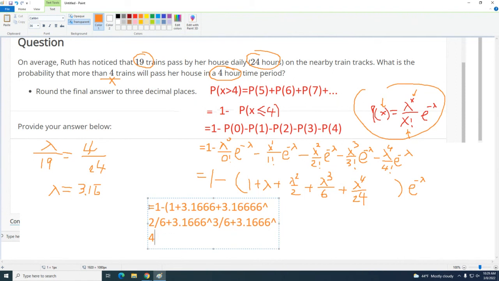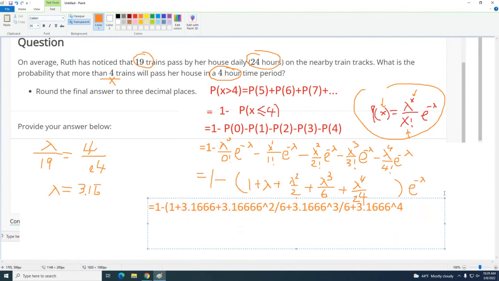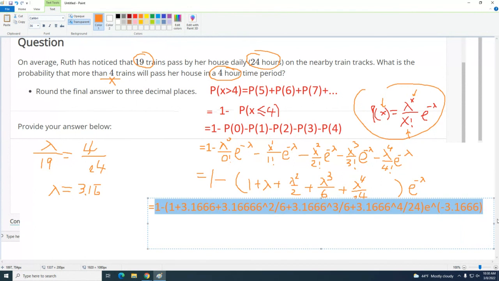The same thing, raised to the power of 4. This is over 24. Now let's finish everything inside the parentheses, and then e to the power of negative 3.166. It's the entire calculation. We need to enter this into our calculator.